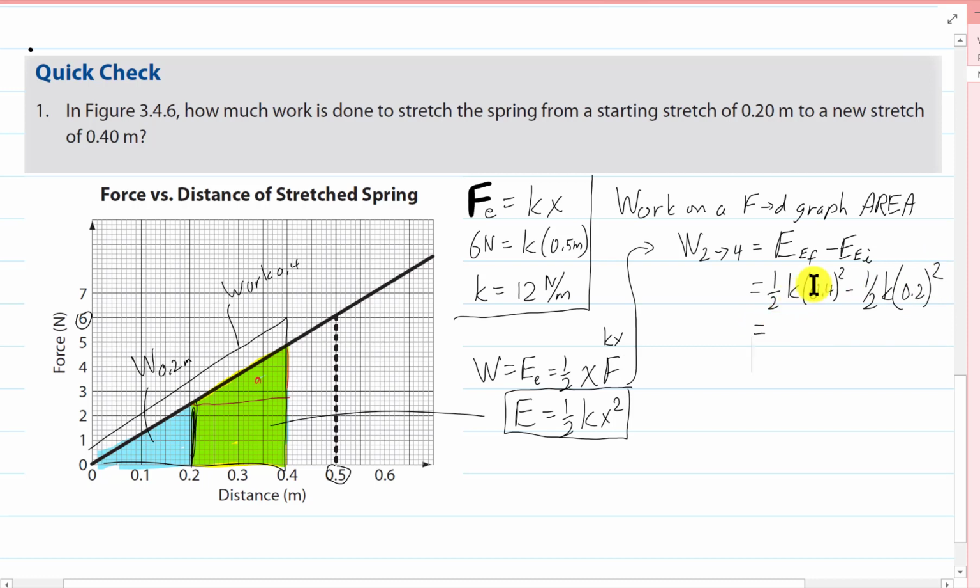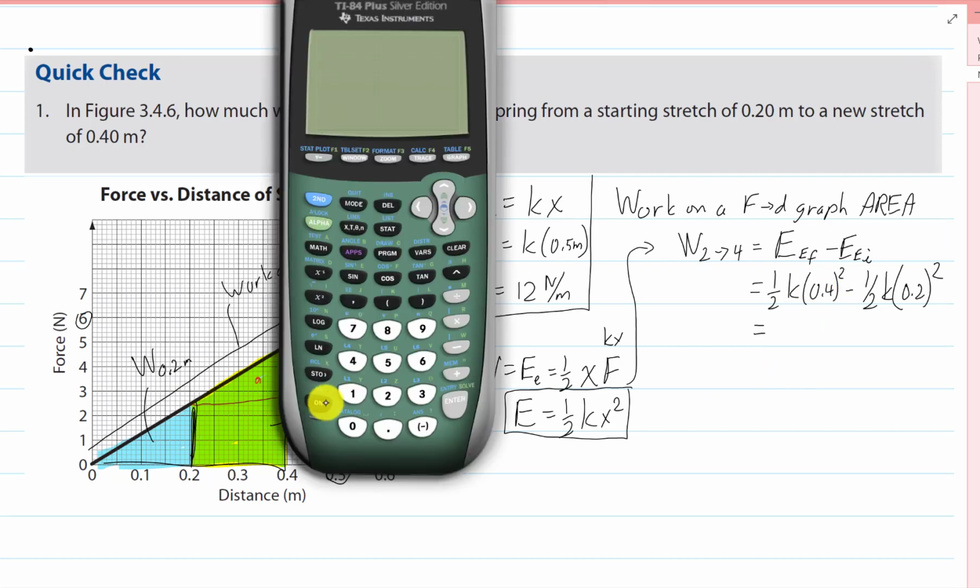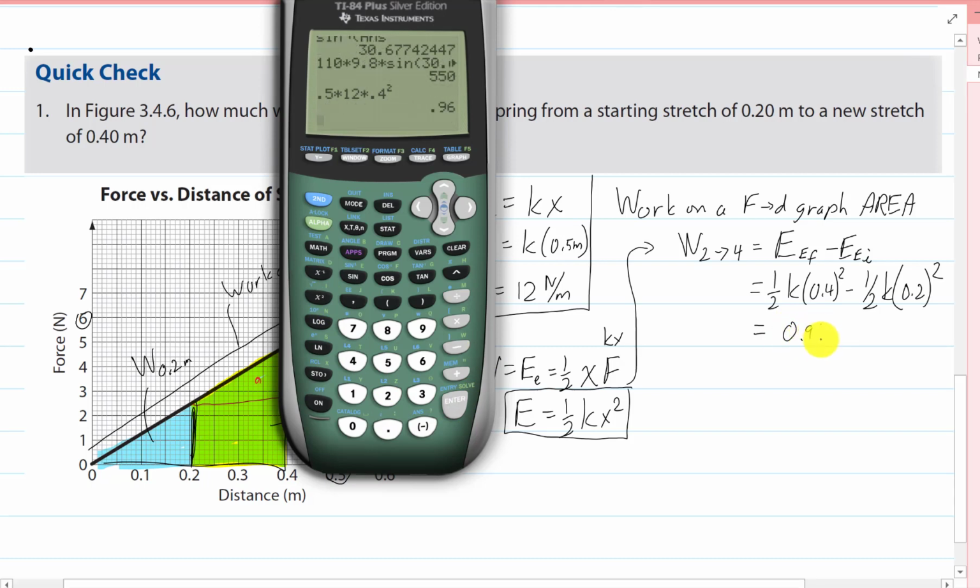Now that we also know what k is, we can plug it all in, and we'll get 0.5 times 12 times 0.4 squared, and that'll be 0.96 joules.